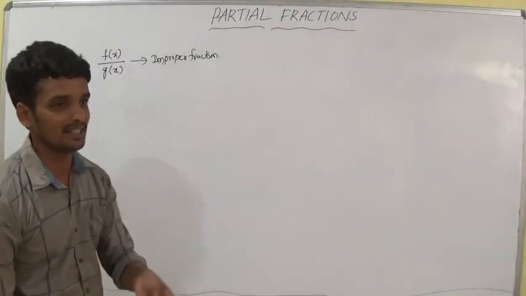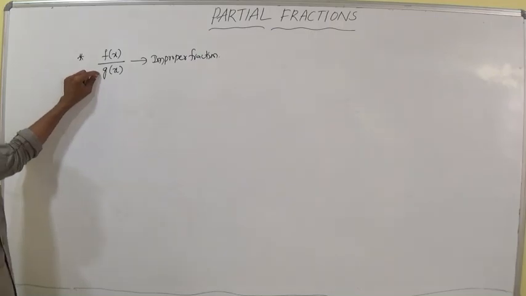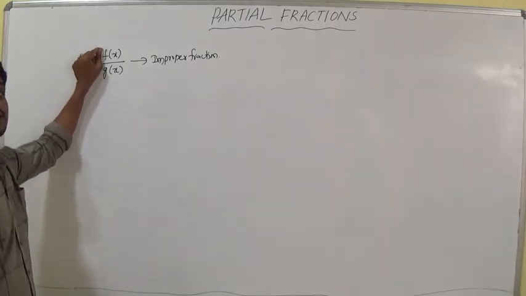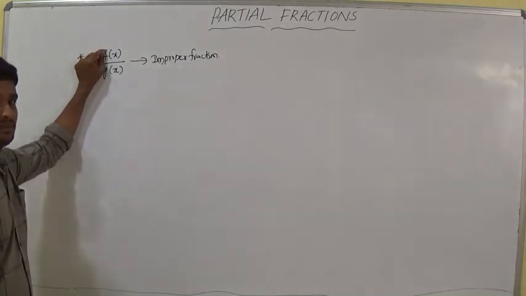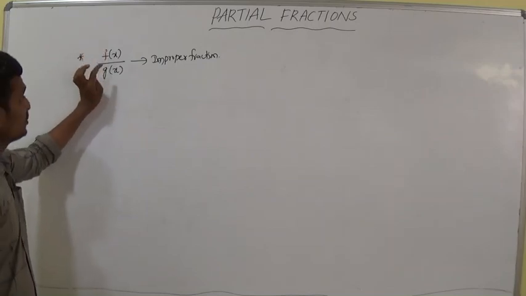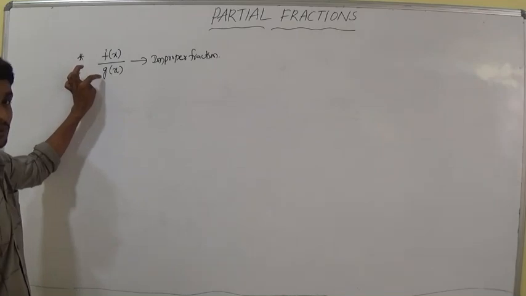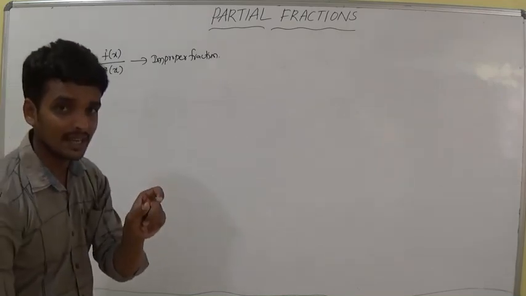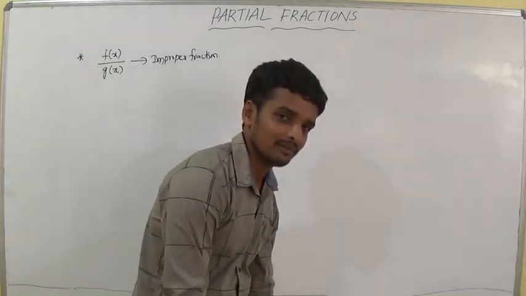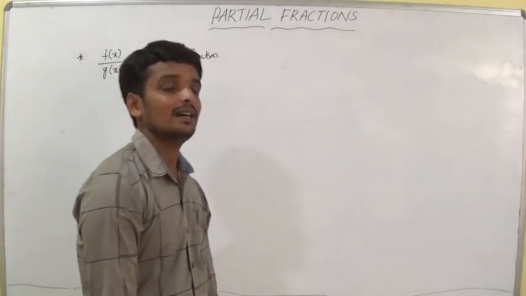Improper fraction means the denominator is small and the numerator is big. Alright? So if you divide an improper fraction, you will get some quotient and the remainder.